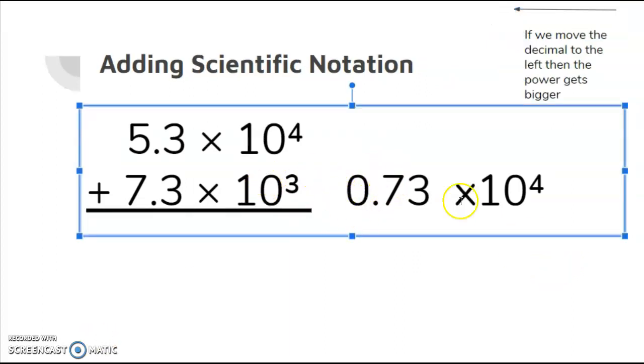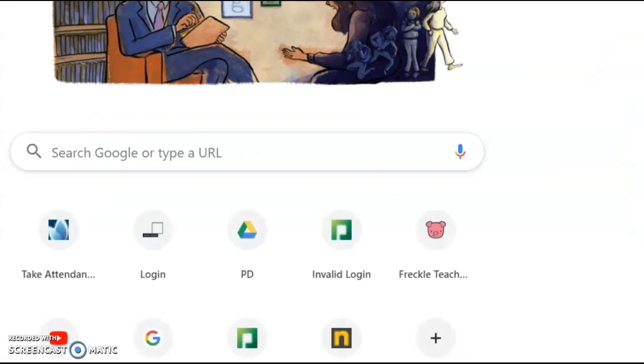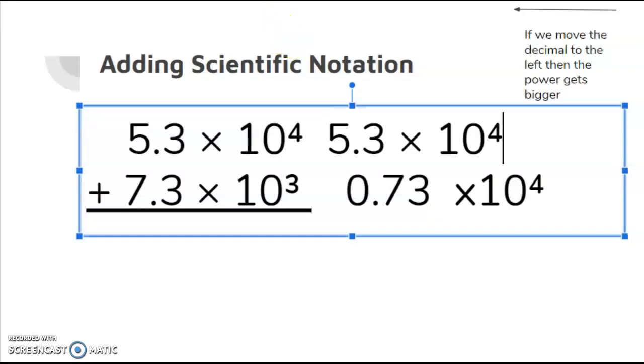All right. Now that our number is in this notation, it is the same power as the top number in scientific notation. So that means we can just add them now. Oh no, oops. Sorry guys.